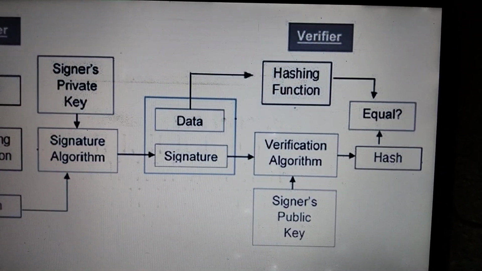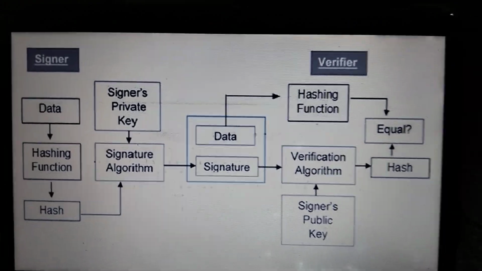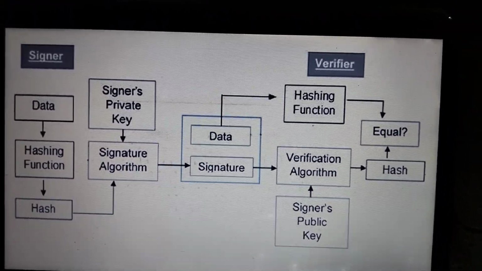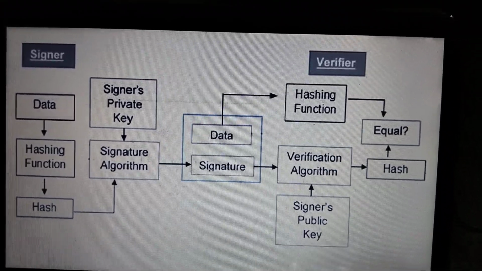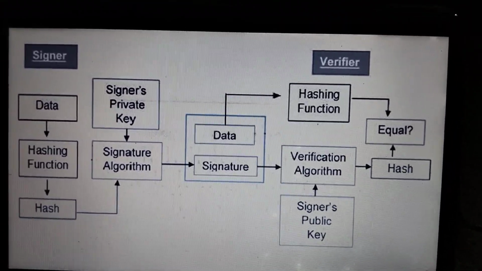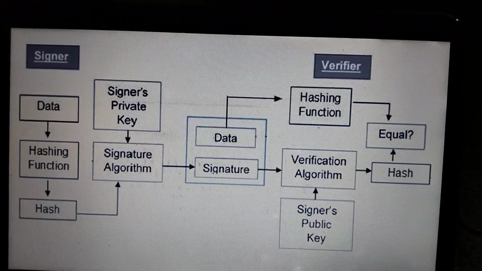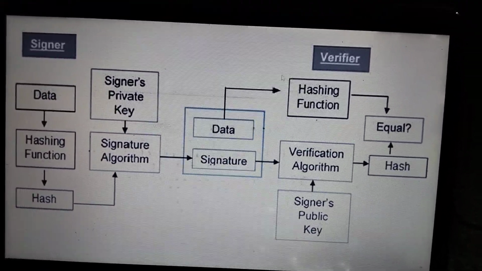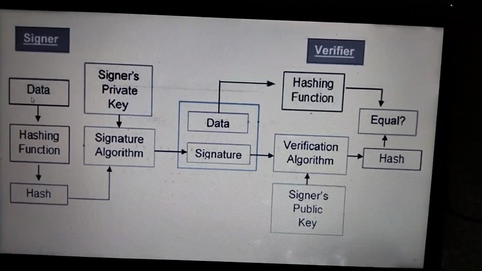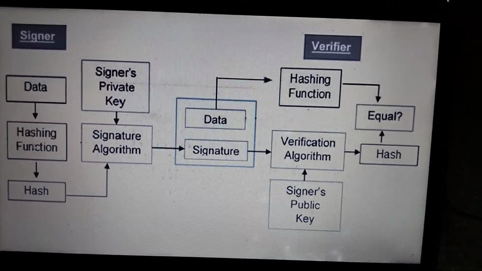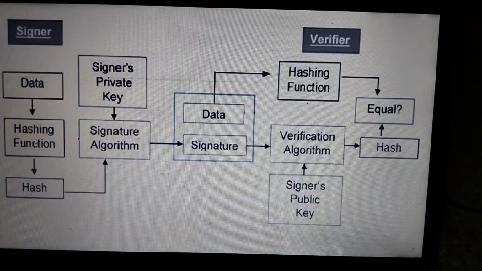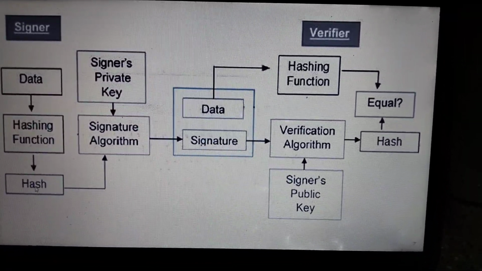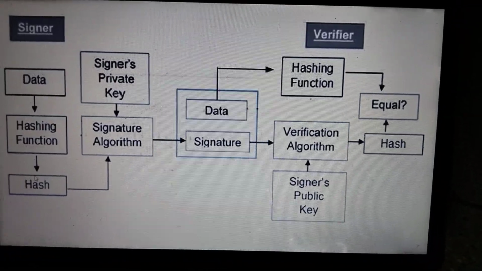And next we are moving to digital signatures. How does the digital signature work, how will the signature be verified from the receiver side, and how will it be done by the sender side? The sender will send the data along with the hashing function. The hash function is performed and the hash value is obtained as the output.